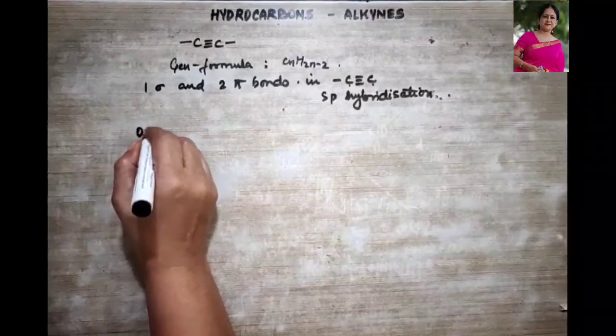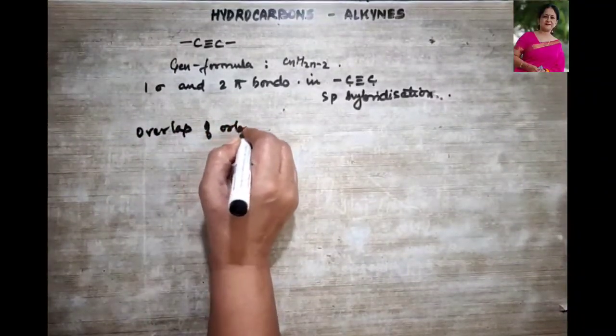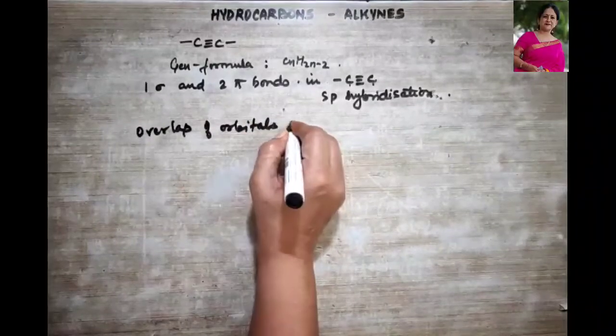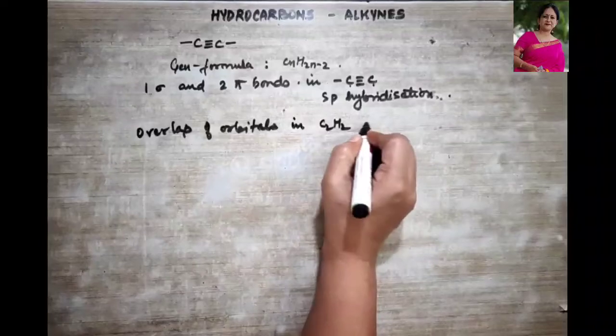So let us see the overlap of the orbitals in say C2H2.